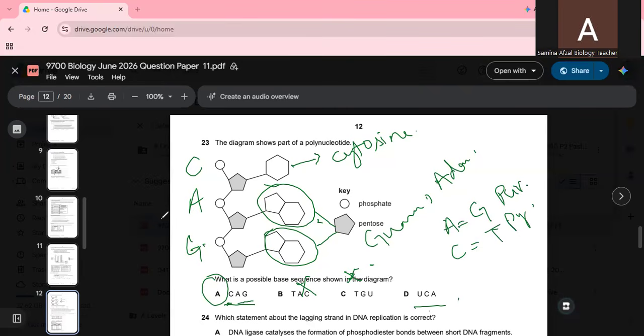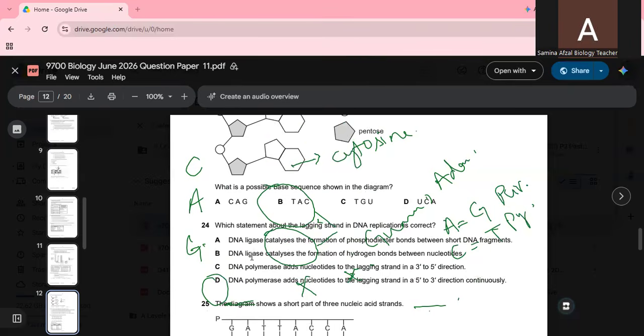So A is the correct option. Here you need to explain that the top base single ring shows the pyrimidines and double ring shows the purines.